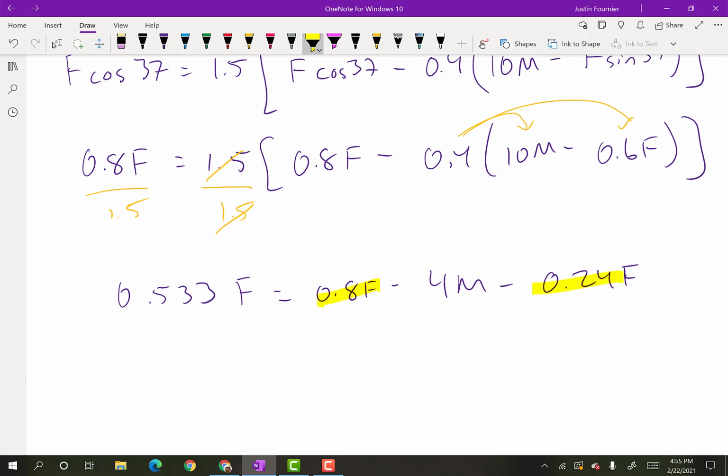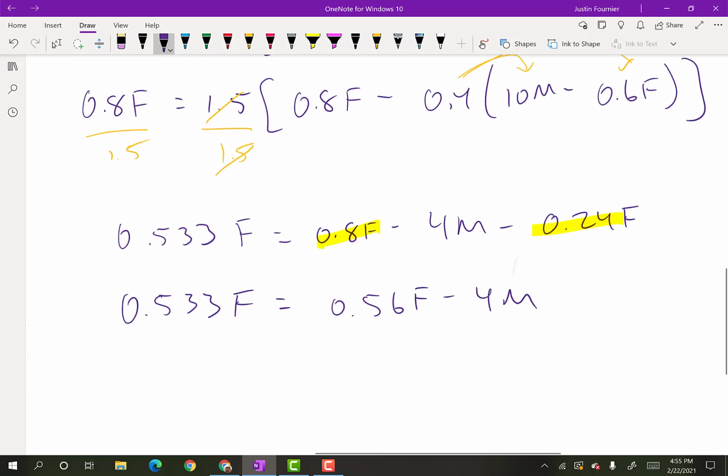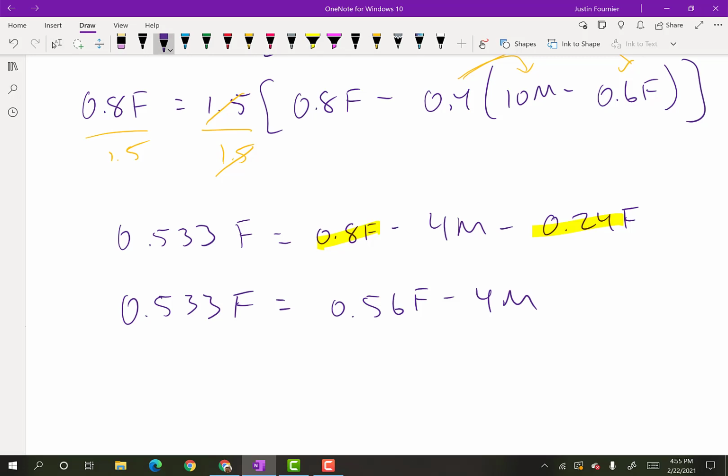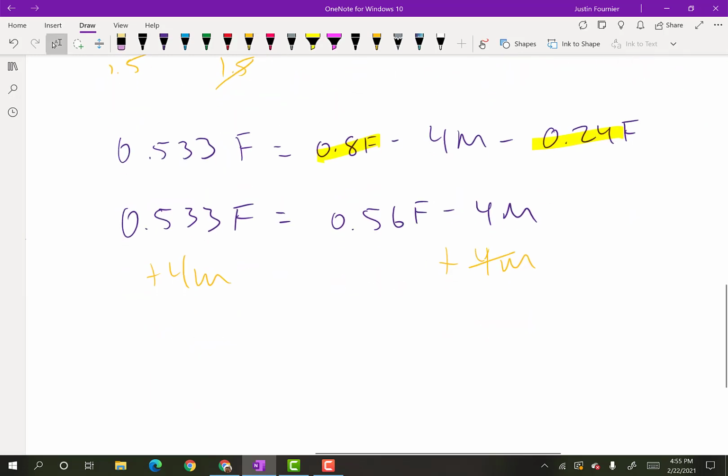There's F and 0.24F. So 0.8F minus 0.24F is going to be, so this is 0.533F equals 0.56F minus 4m. So lastly, I'm going to isolate here. I'm going to add the 4m over, and then subtract the 0.533F. Let's not get crazy.